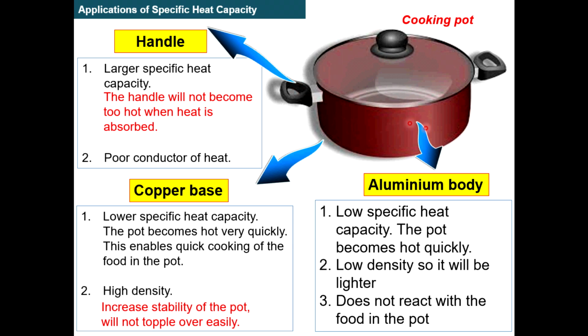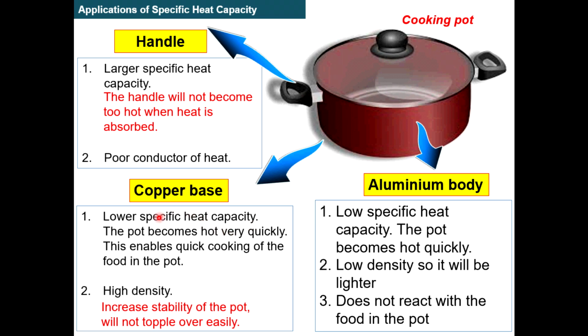But for the body of the cooking pot and also the base, we normally use either aluminium body and also copper base. Copper actually has smaller specific heat capacity compared to aluminium, but copper is denser, right? So that is why copper will be best to be used for the base of the cooking pot.